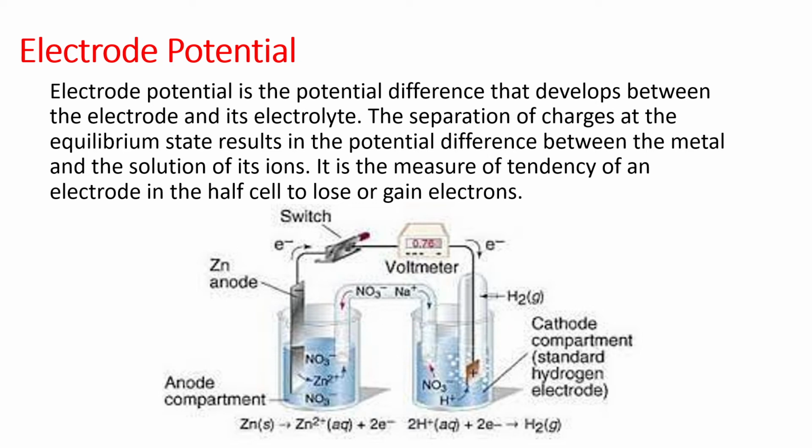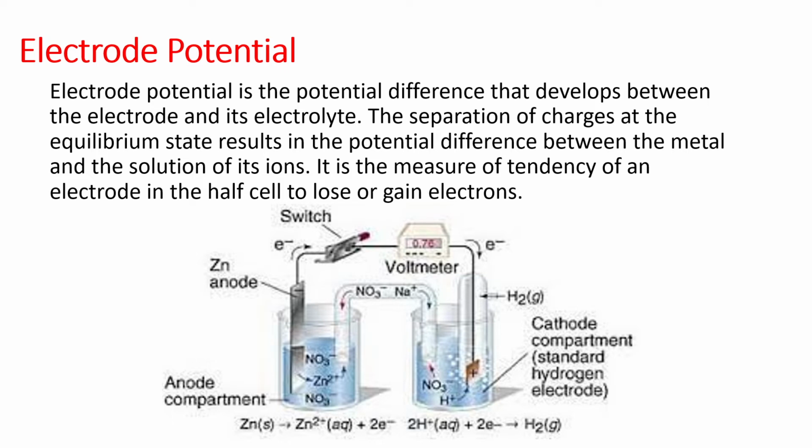Coming to the next term, that is electrode potential. So what do we mean by electrode potential? Electrode potential is the potential difference that is developed between the electrode and its electrolyte. The separation of charge at the equilibrium state results in the potential difference between the metal and the solution of its ion.